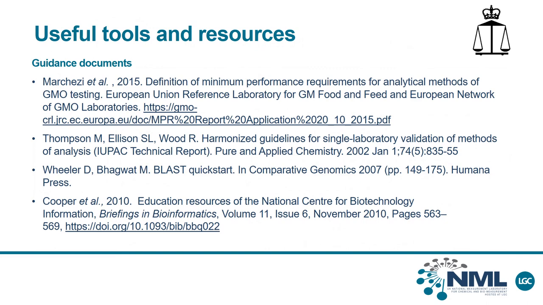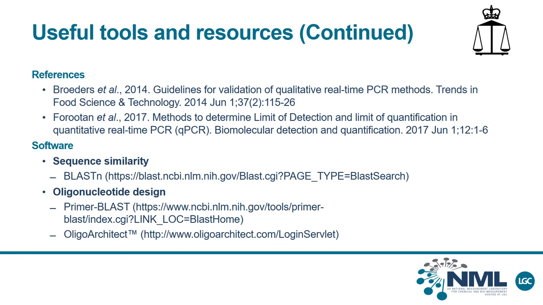A number of tools, useful resources and reference publications are freely available. Some examples of guidance documents relevant to the topics covered in this e-seminar are listed on the slide. On this slide, some examples of publications relevant to the topic are listed. In addition, a number of software applications that may be employed in the design and validation of real-time PCR assays are shown.